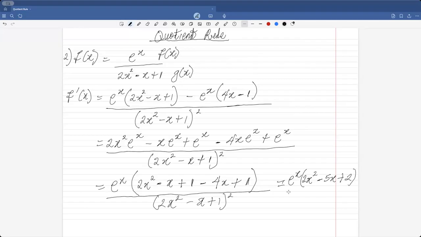Close parenthesis, all over, open parenthesis, 2x to the power of 2 minus x plus 1, all to the power of 2, which gives us this as our final answer. So as you can see, this is a little bit demanding. You really need to be very, very careful with the signs and how you factorize this expression. So let's move further to another question.